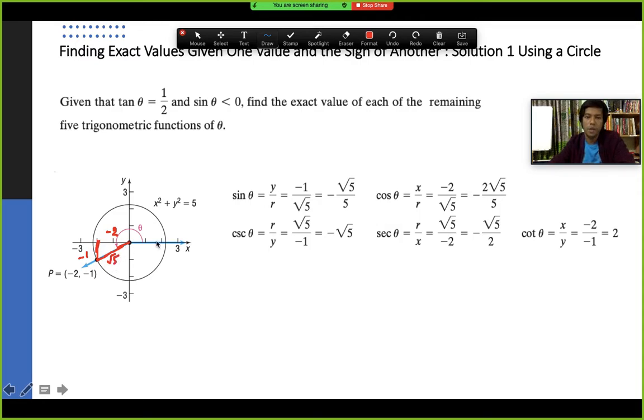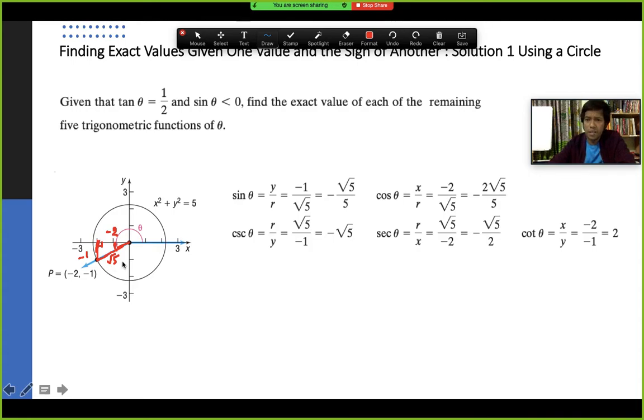And once you know that, we can find out the other things: sine theta, cos theta, tan theta, whatever we want. Because it is a right angle triangle, and theta is here, the adjacent is minus 2, opposite is minus 1, and hypotenuse is root 5.